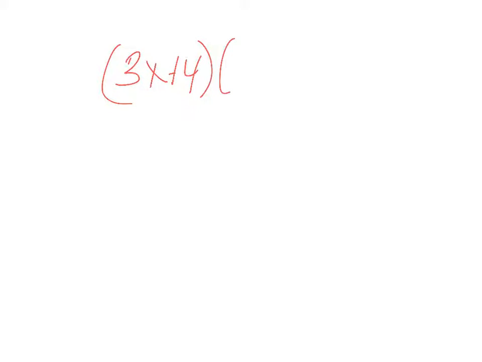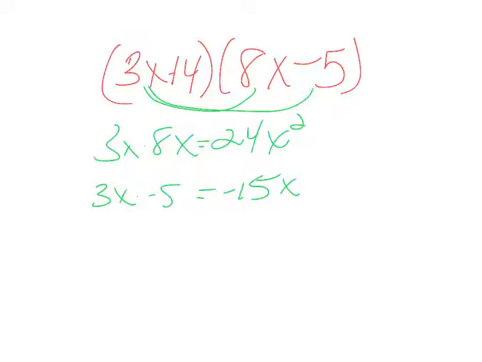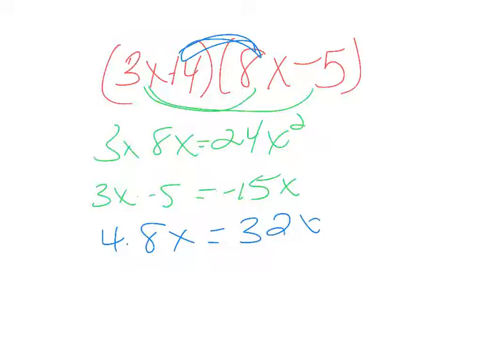We can always check by using the multiplication. 3x times 8x is 24x squared. 3x times negative 5 is negative 15x. 4 times 8x is 32x.